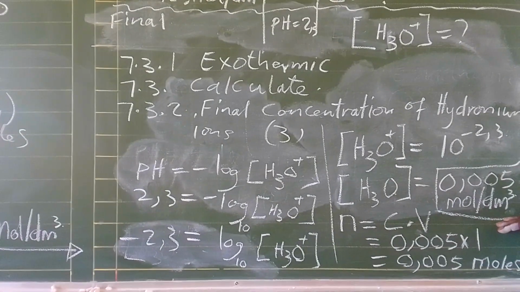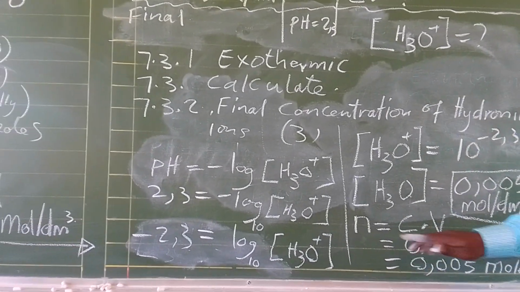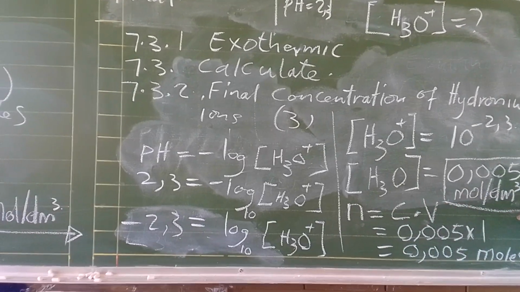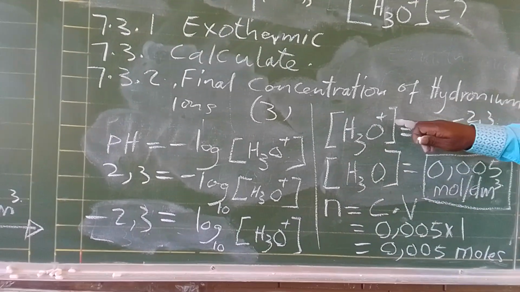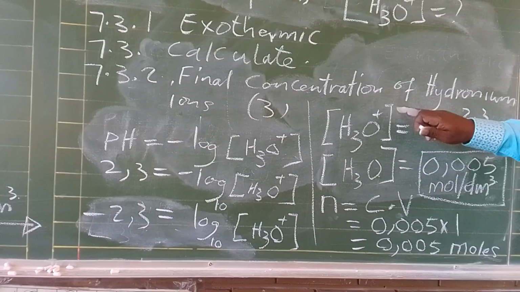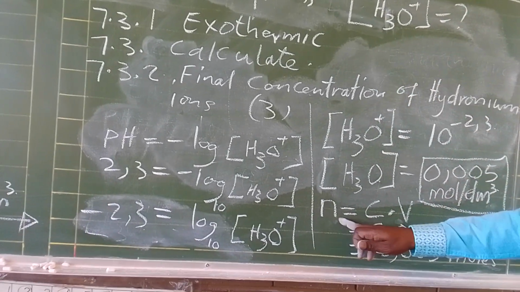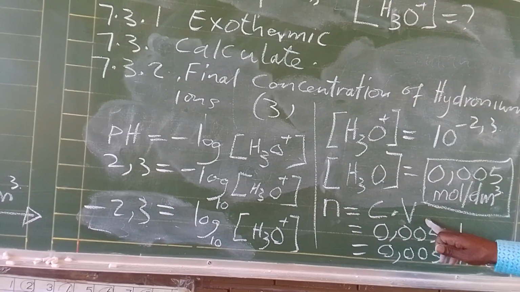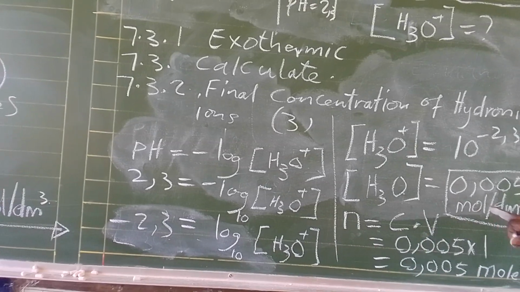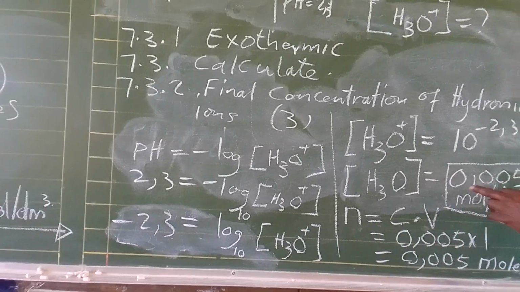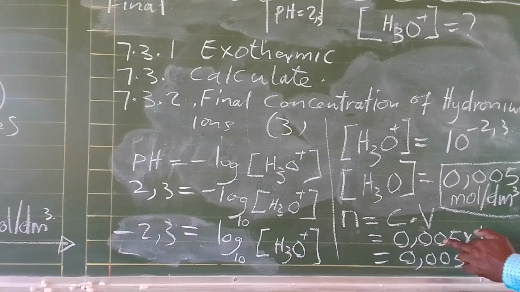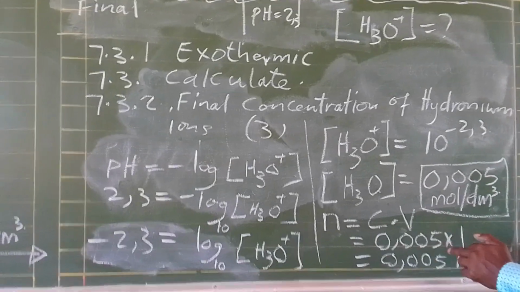Before you leave here, make sure that you find the number of moles of what? Of hydronium ion. The hydronium ion comes from the hydrochloric acid. Now, the number of moles is C times V. The C is what we just calculated here, the concentration 0,005, times the volume.